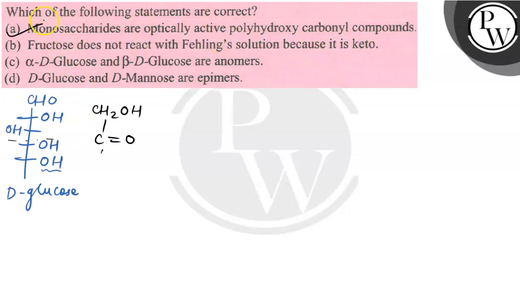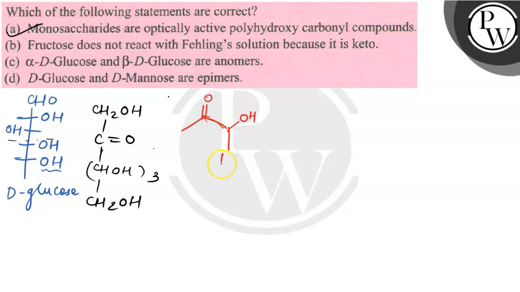Now let's see if it reacts or not. So let's draw here. So here we'll be getting CHOH thrice and CH2OH. So we'll draw it into the cyclic structure of fructose. Here it will be something like this, double bond O, and here we will be having OH group, and H group.